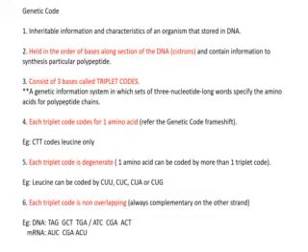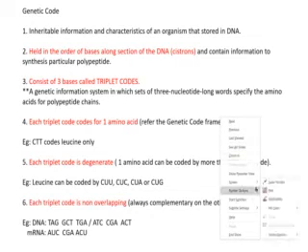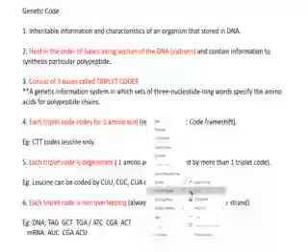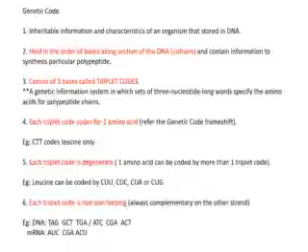Next, each triplet code is non-overlapping, meaning they are always complementary on the other strand. For an example, if on the DNA we have TAG, on the complementary mRNA it will be AUC.